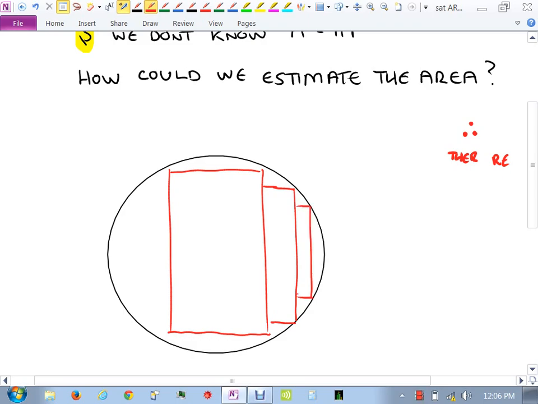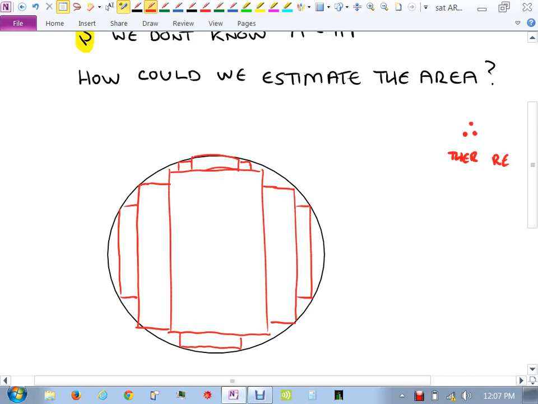Each one of those I should be able to get a decent measurement on, right? Do you agree? Just imagine some poor guy out there measuring out a bunch of rectangles inside of a circular field, and then he could finally get approximately there, right? Every little gap he could try and fill in. Now, eventually, his measurement tool wouldn't be accurate enough, right? And he would have to stop.